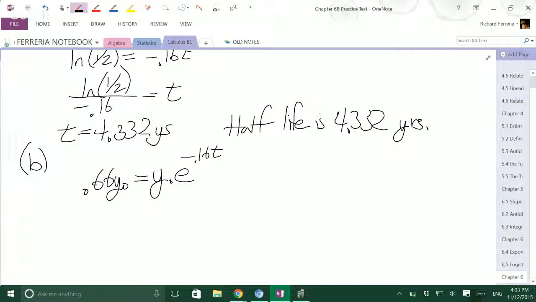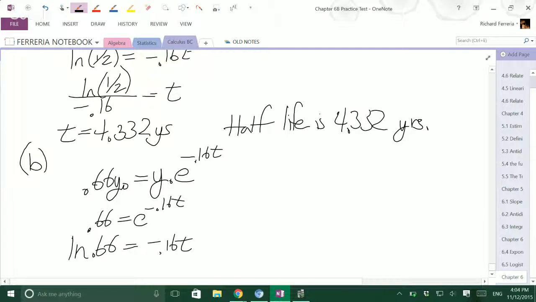So I'll just go through this really briefly. 0.66 equals e to the negative 0.16t. Natural log of 0.66 equals negative 0.16t.